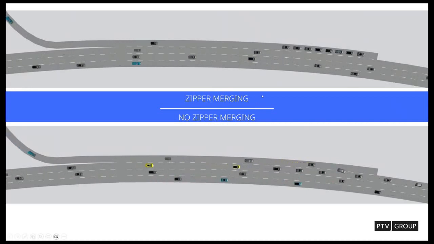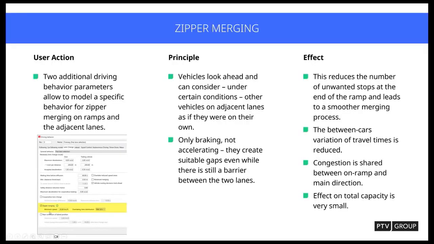First of all, there is a minimum speed which is set. If a car is slower than that, it will stop doing zipper merging. That is to prevent a total breakdown of the flow.